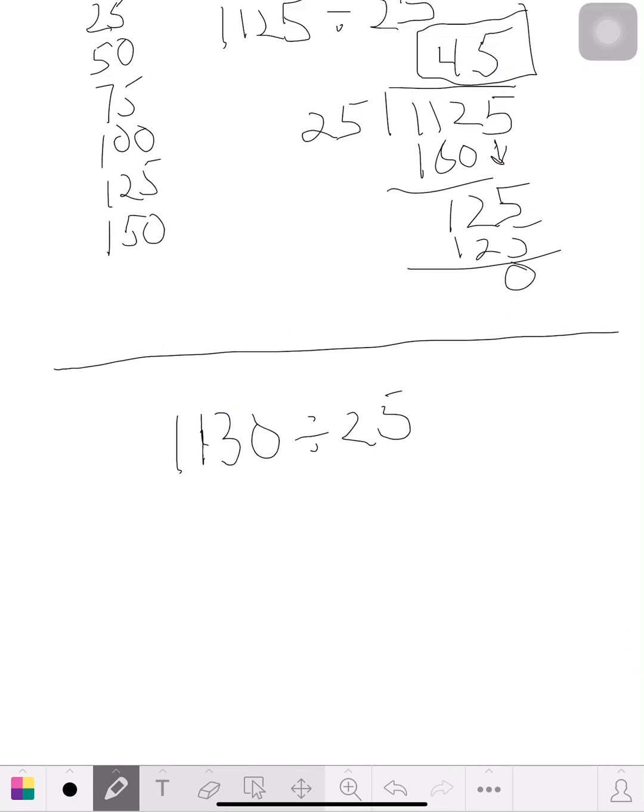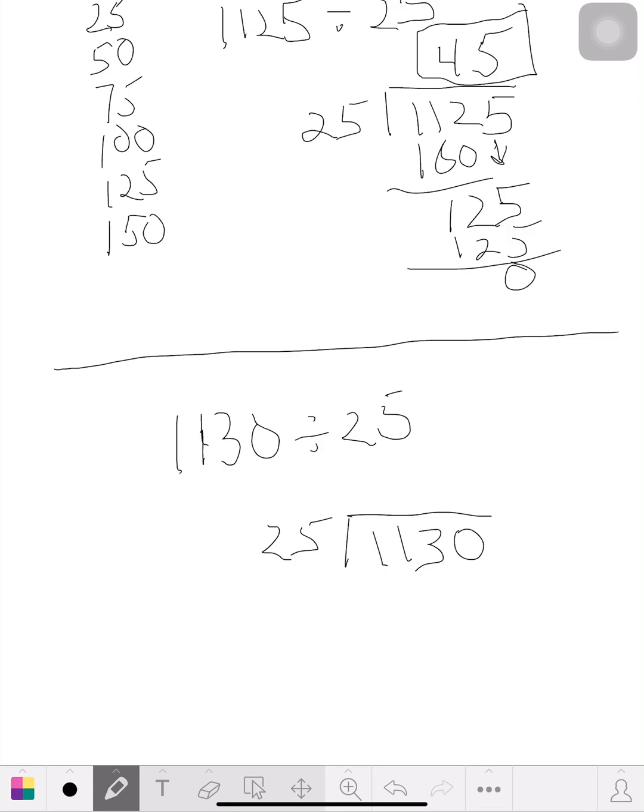On the one right before that, I can still see my 25s, so I really probably don't have to rewrite those because I can see them. If I had to turn the page, and now this is on another page, I'd have to rewrite those 25s on the left-hand side. But I'm going to utilize those, okay? So let's see, I'll rewrite this: 25 divided by 1130.